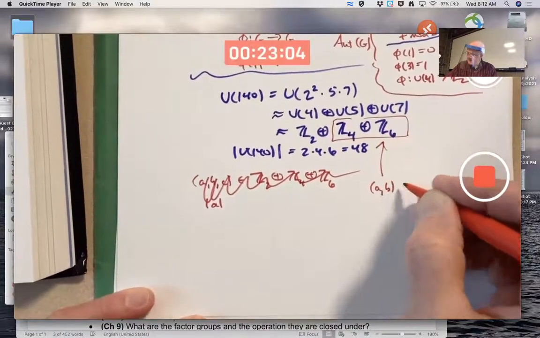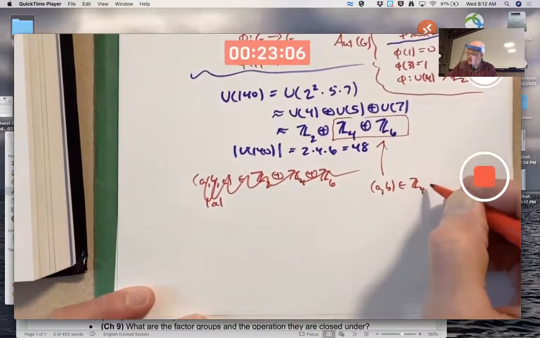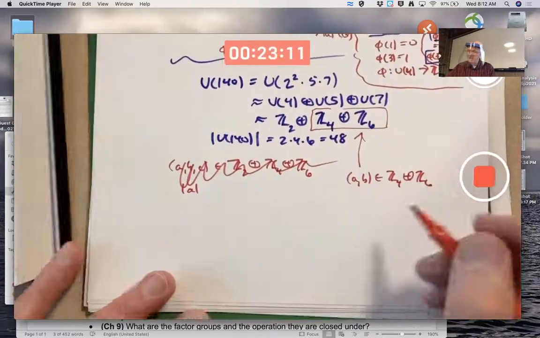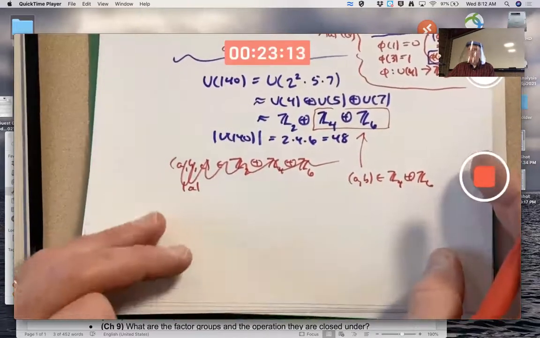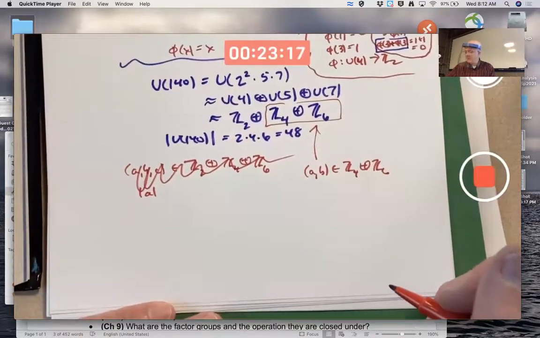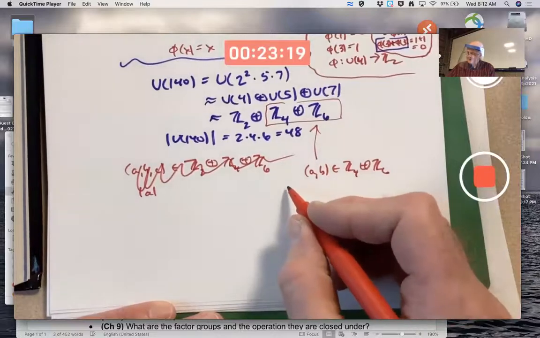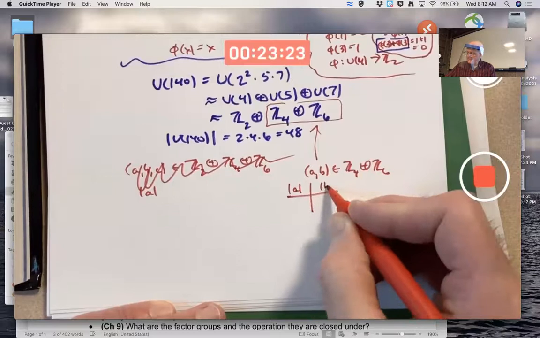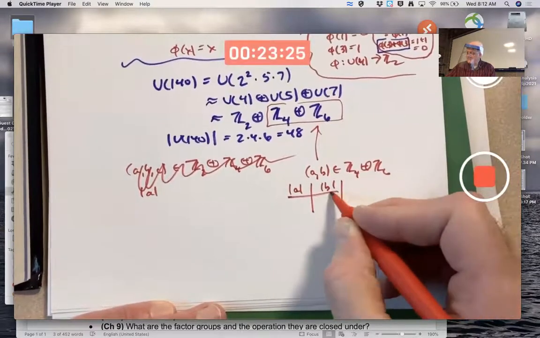Arbitrary element in the external direct product of Z4 with Z6 would be an ordered pair where A is from Z4, it's 0, 1, 2, or 3, and B is from Z6, it's 0, 1, 2, 3, 4, or 5. And go ahead and make a table like I do in the lectures to try to think about how many elements there are, the various orders.